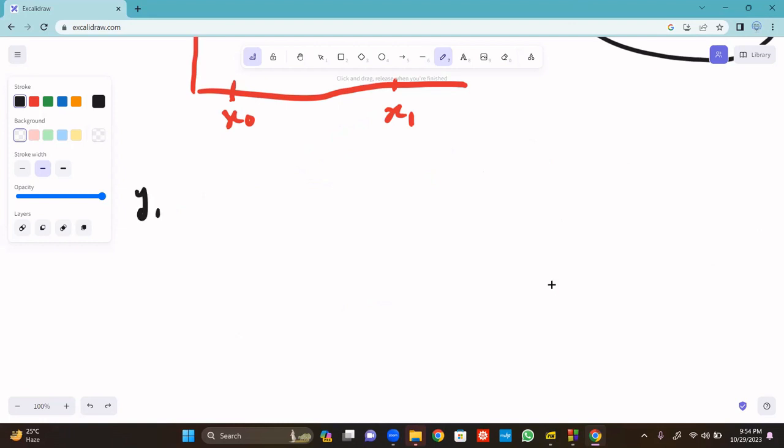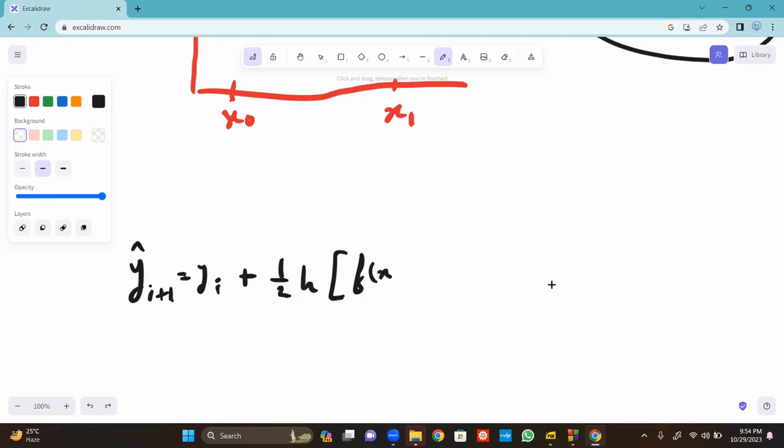So yi plus 1, original equation for Euler equation was yi plus, okay, let's write a little lower. yi plus 1 cap is yi plus half h times f of xi, yi plus f of xi plus 1, yi plus 1.